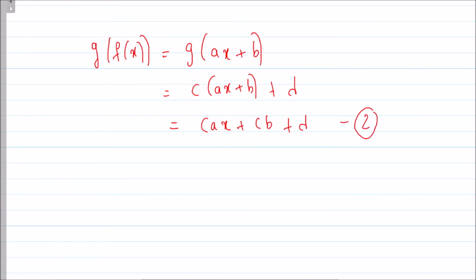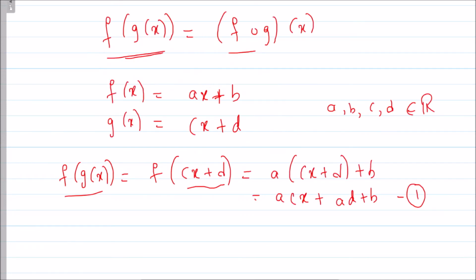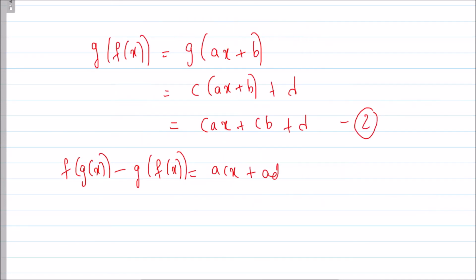Now if I do 1 minus 2, that means f of g of x, where x is any real number, minus g of f of x. What was my equation 1? It was acx plus ad plus b, minus equation 2, which is cax plus cb plus d.